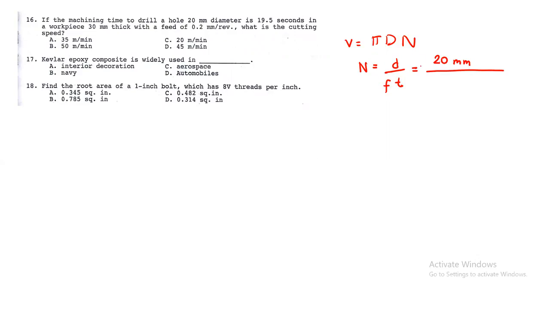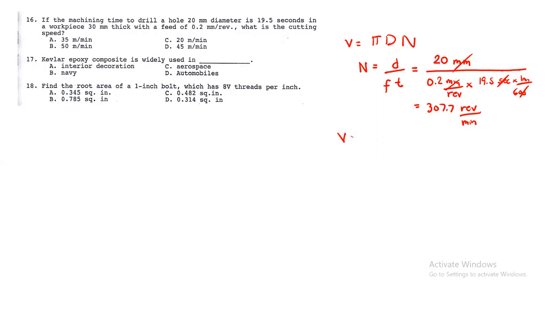So, feed natin is 0.2 mm per revolution times time natin, 19.5 seconds. So, 19.5 seconds times 1 minute per 60 seconds. So, maka-cancel si mm. So, lalabas dito is 307.7 revolutions per minute.